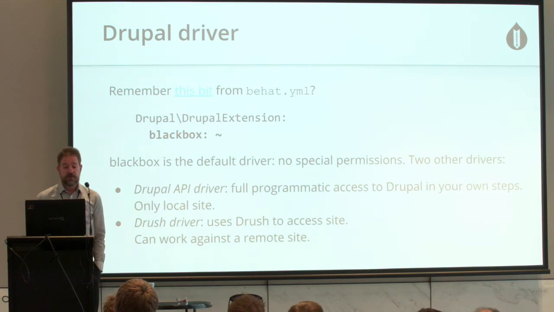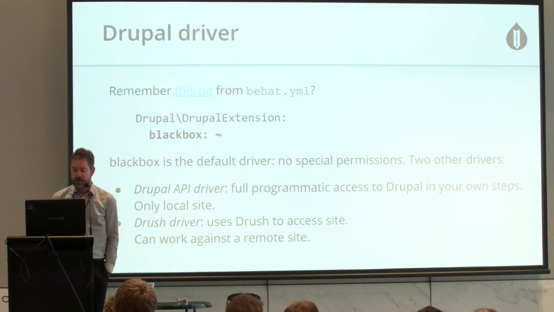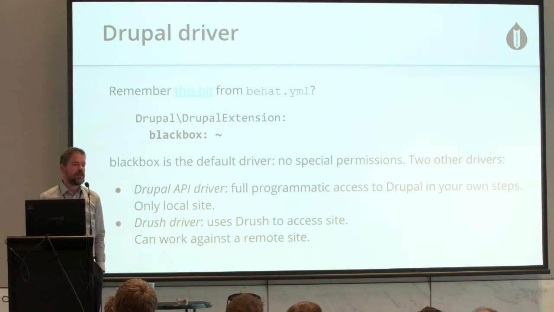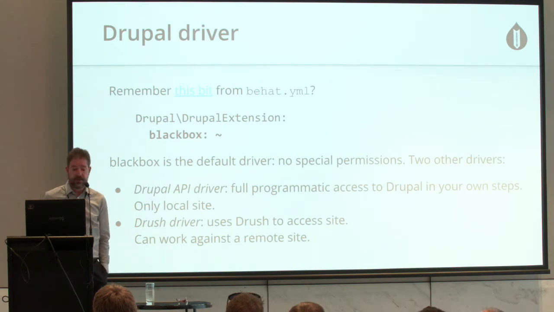If you remember this from the Behat YAML, probably not, but one of the sections said black box. Black box means no particular driver, so the null driver. But the drivers you want to use are either an API driver that allows you to write steps which have full access to your Drupal modules, or a Drush driver. That's very handy, so you can execute your tests against a remote site through Drush if it has been set up properly.